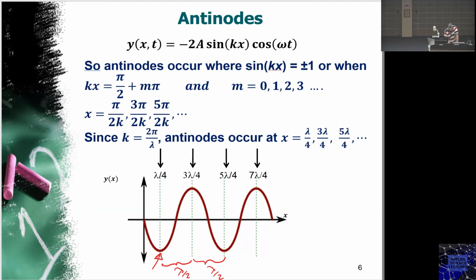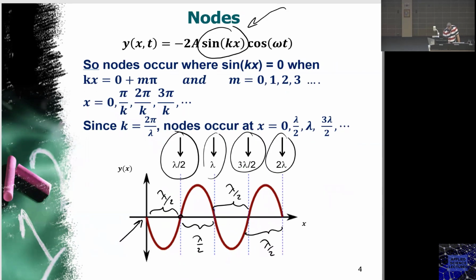Lambda over 2. Notice I'm taking the spatial difference between the antinodes: lambda over 2. The starting point is lambda over 4, but the differences are the same, lambda over 2. If you look at the nodes, the starting point is 0, and the differences are also lambda over 2.